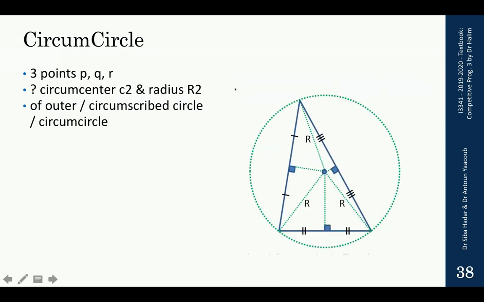Similar problem. The circumcircle is the circle in which the triangle is included. So the incircle is the circle included inside the triangle. Another kind of problem, we may want to calculate the circumcircle.